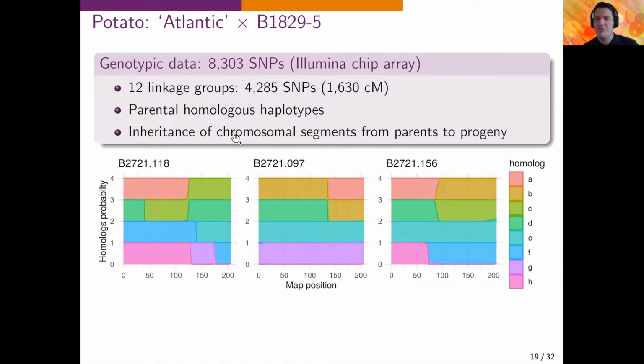Of course, due to recombination and segregation, each individual might be more or less related when we look at a specific location along the genetic map, right? So again, A, B, C, D are alleles from the first parent, and E, F, G, H are alleles from the second parent. For a tetraploid species, each parent contributes 2 alleles, right?